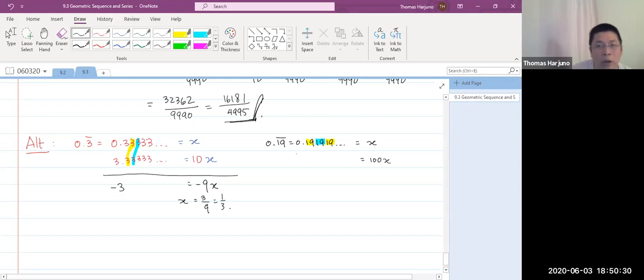So I will get 19.1919. This yellow here, multiplied by 100, comes here. This blue here, multiplied by 100, comes here. It's 19 here, multiplied by 100, moves here. Then when I subtract, I get -19 equals -99x. So x equals 19 over 99.